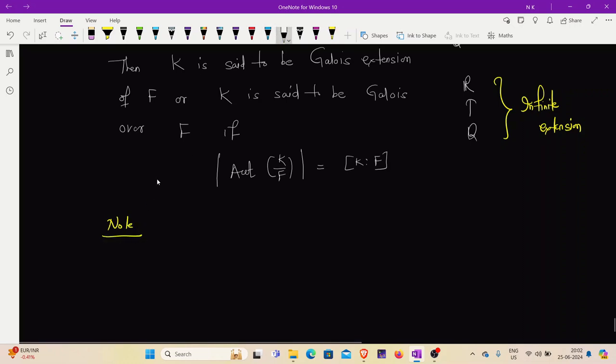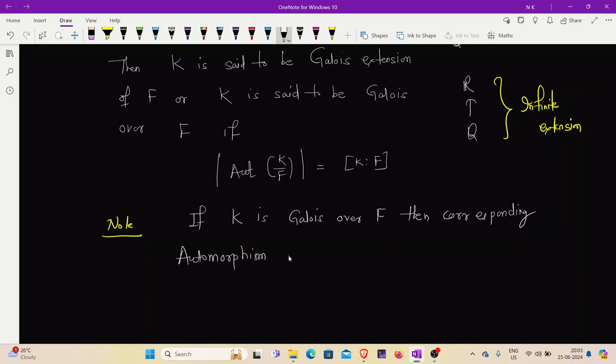If K is Galois over F, then the corresponding automorphism group, which is Aut of K over F, is regarded as, or we may say symbolized as, Gal(K/F), the Galois group of K over F.